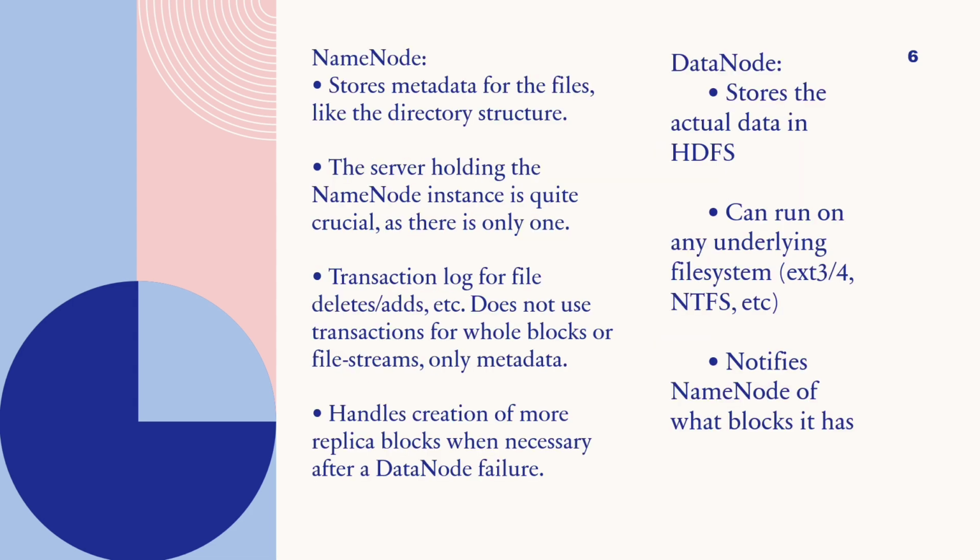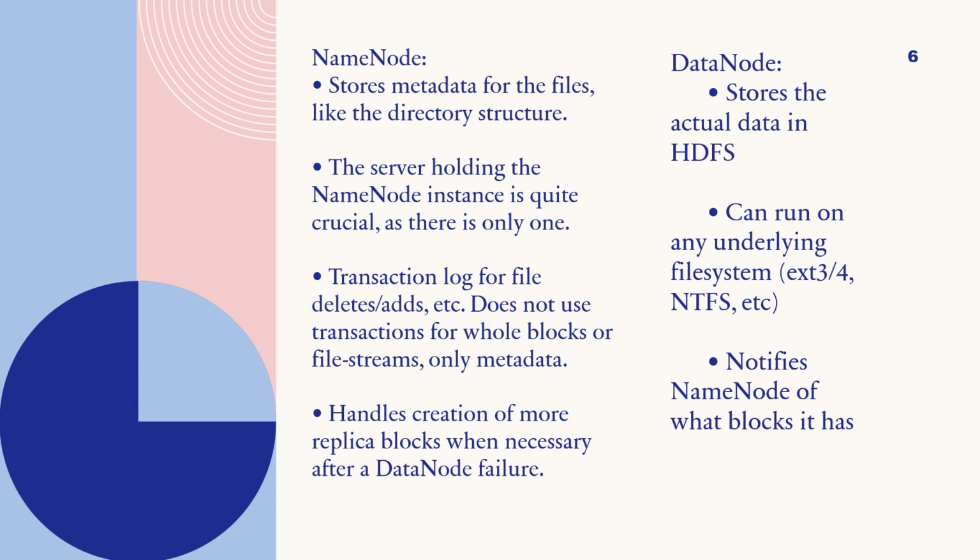So what is name node? Name node stores metadata for the files, like the directory structure. The server holding the name node instance is quite crucial as there is only one. It keeps a transaction log file of deletes, adds, etc. It does not use transactions for whole blocks or file streams, only metadata.